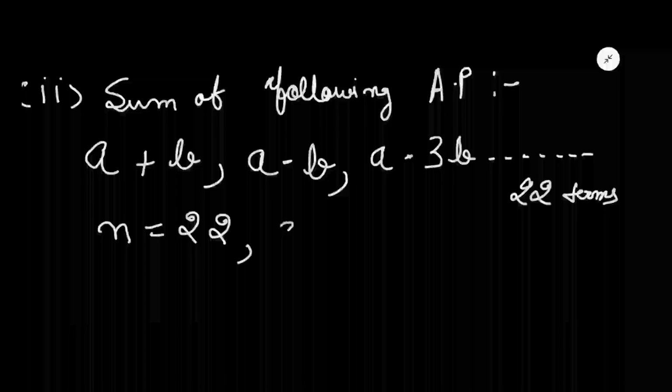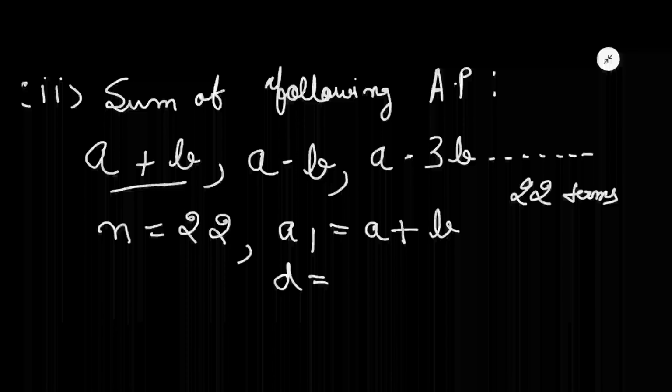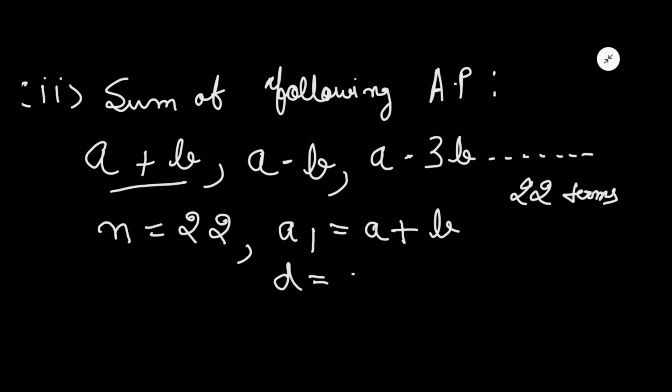Here our first term is equal to a plus b, and to find the common difference we have to subtract the first term from the second term, which is a minus b minus (a plus b).